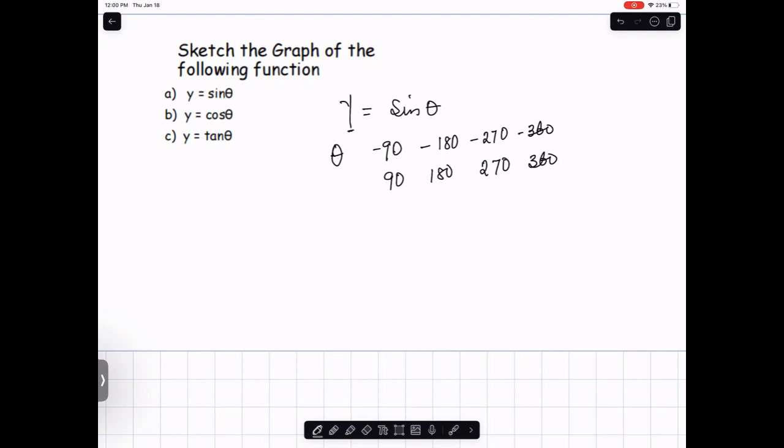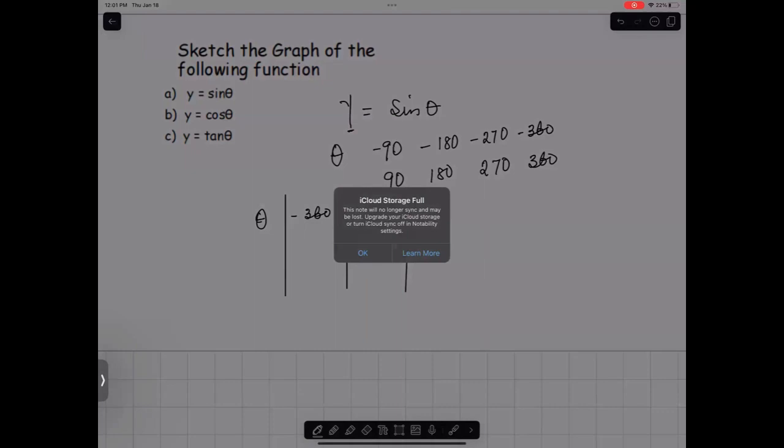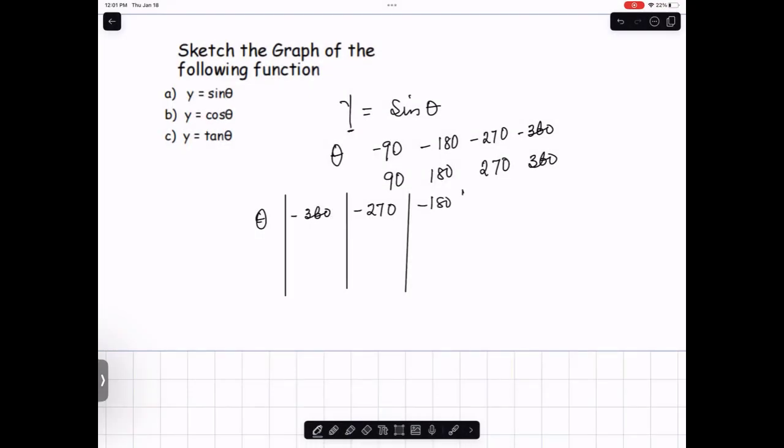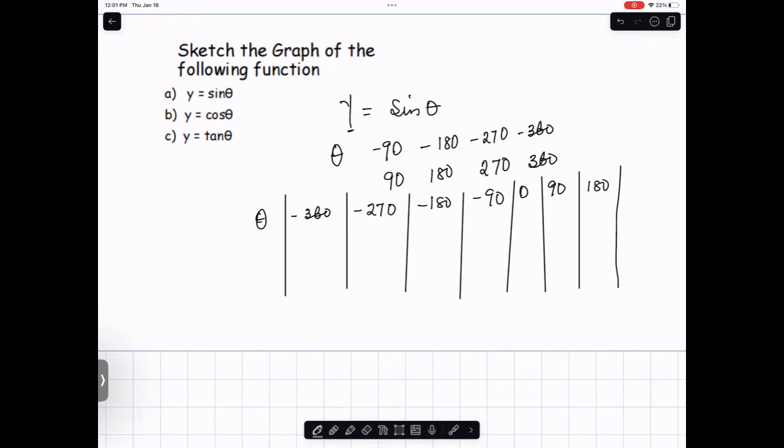So first of all, I want to make a table where I have theta ranging from minus 360, minus 270, minus 180, minus 90, then we have 0, 90, 180, 270, and lastly, 360.